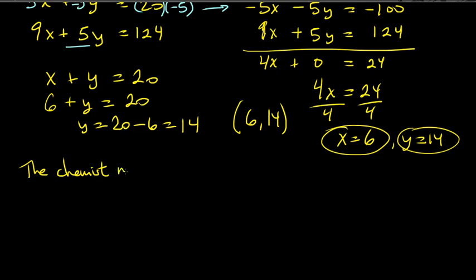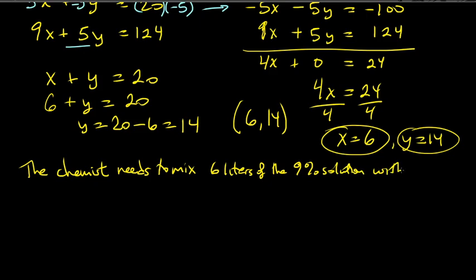So the chemist needs to mix 6 liters of the 9% solution with 14 liters of the 5% solution.